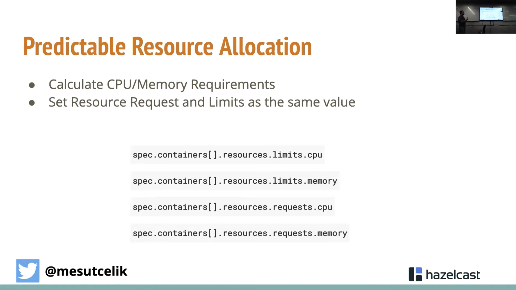For Hazelcast, you need to define resource requests and resource limits for CPU and memory. Why is that important? If you don't specify those values, then the scheduler might kill your pod in case of resource problems. The Kubernetes scheduler has different quality of service levels, and if you don't define any of those, you are the least lucky one. You are the first one who is going to be killed.